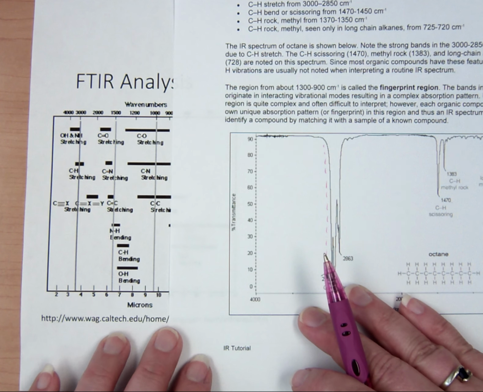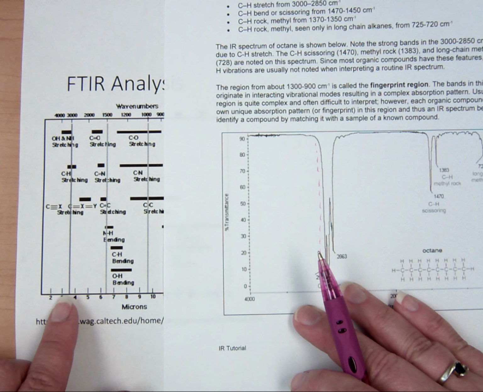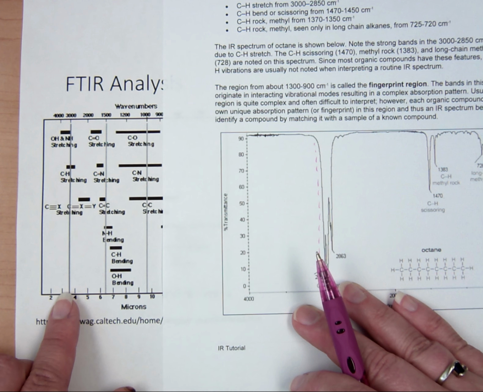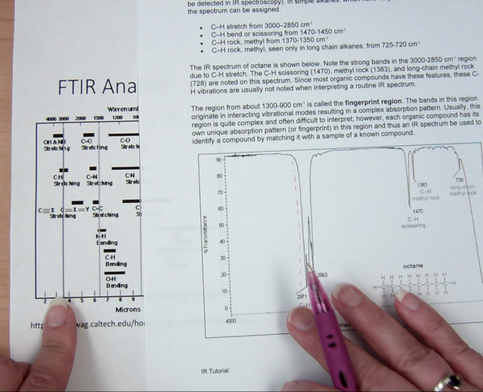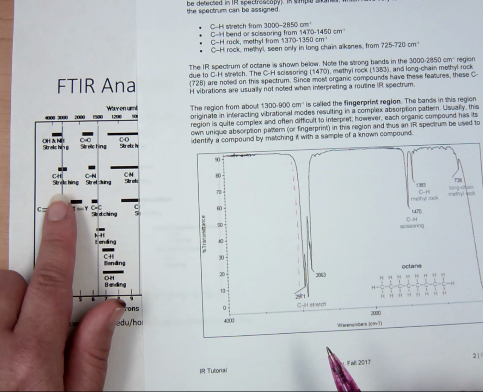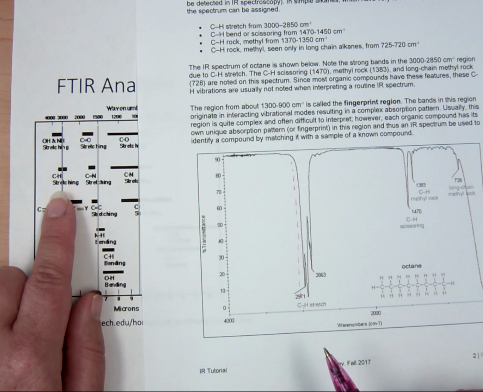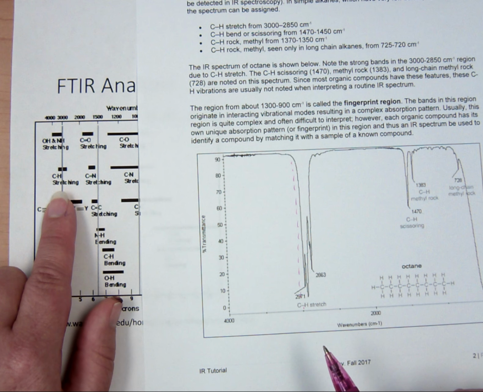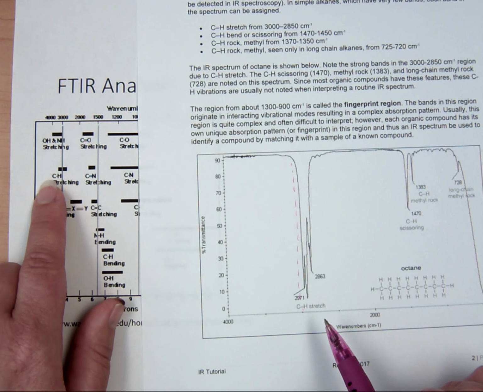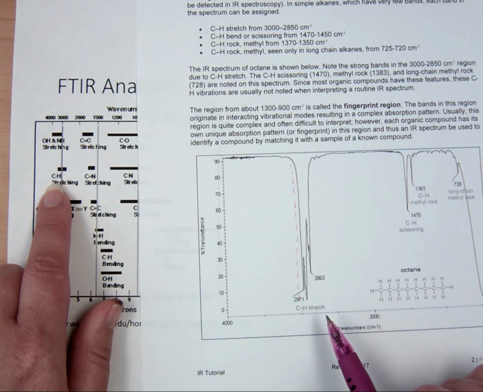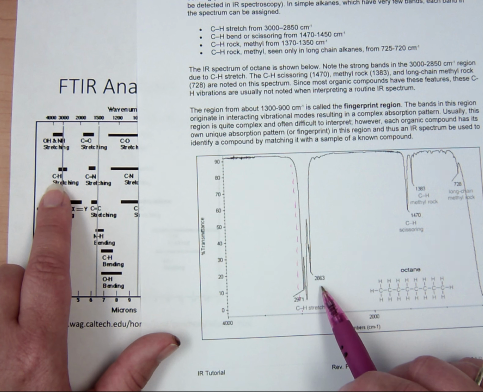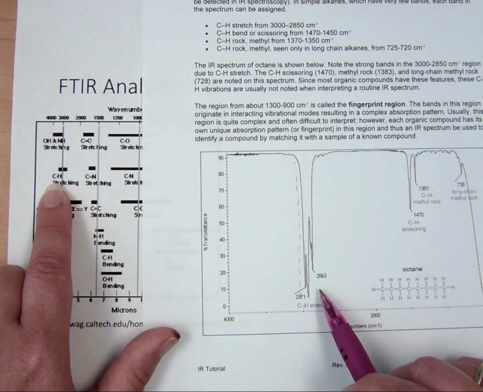And on my guide, the reason that this 3000 line is important is that if you have a CH stretch, if this is an alkane, with the carbon attached to carbon-carbon single bonds, this CH stretch is going to fall just shy of the 3000 mark.